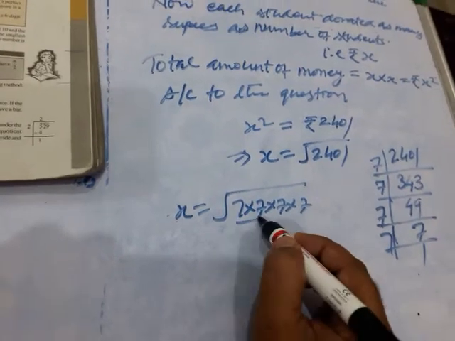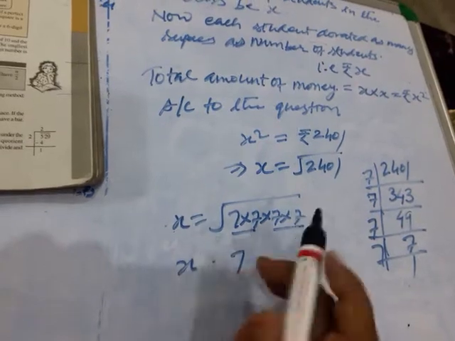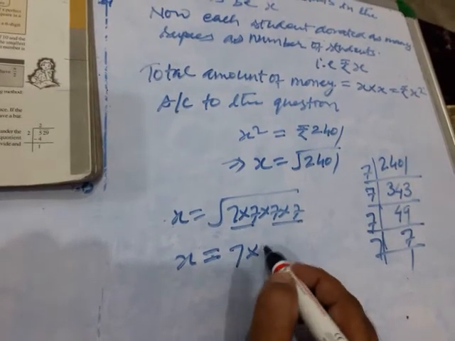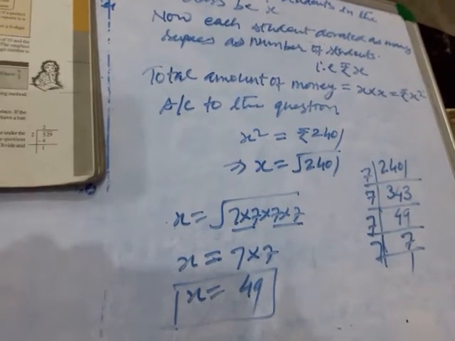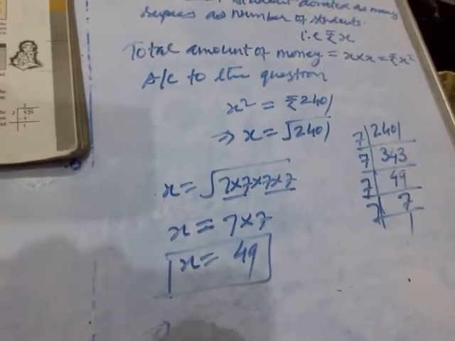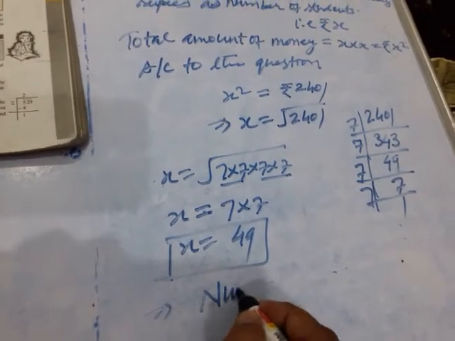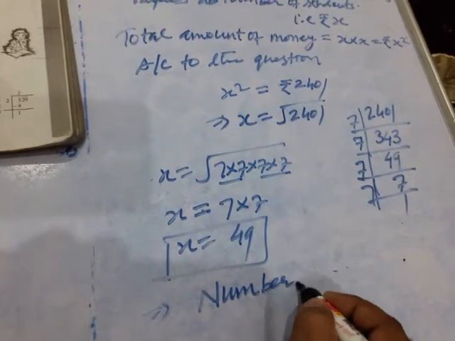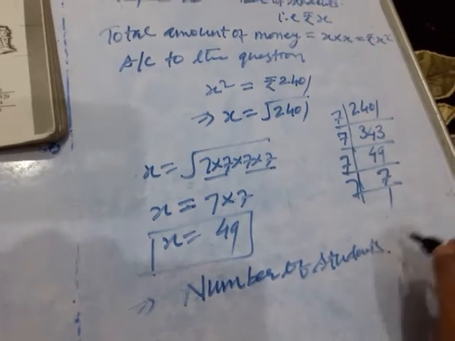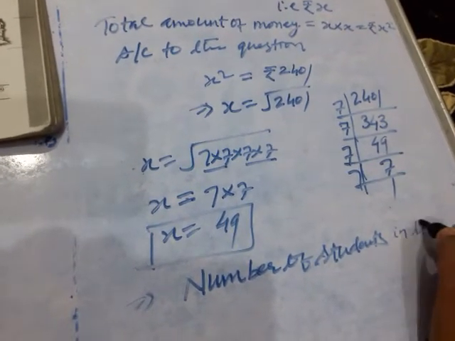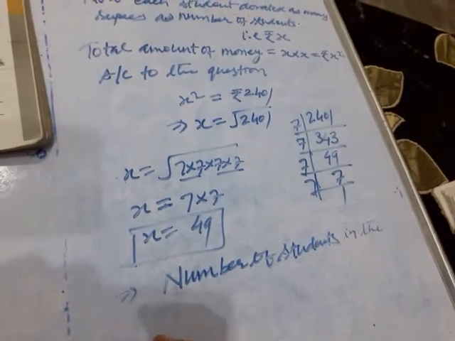Okay children, now make pairs. X equals 7 into 7, that is X equals 7 sevens are 49. What is X? This implies that the number of students in the class equals how much?